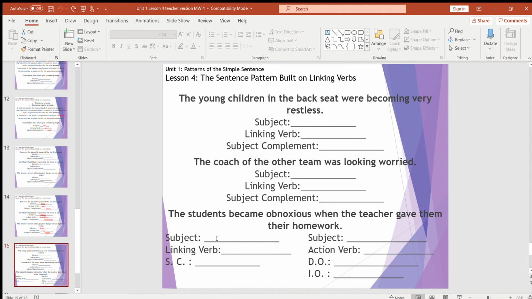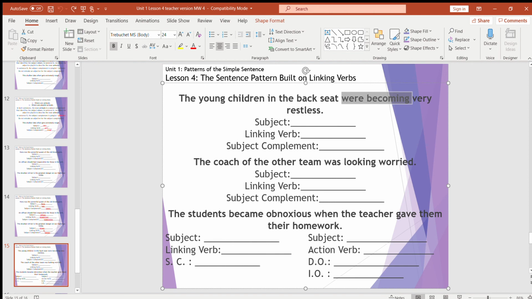Okay, cool. So the young children in the back seat were becoming very restless. Alright, so this is a longer sentence, but it still has the same components, okay? Start off with my linking verb. Where do you see a form of be? I see "were." We're becoming, actually. So we're becoming. Who or what were becoming?